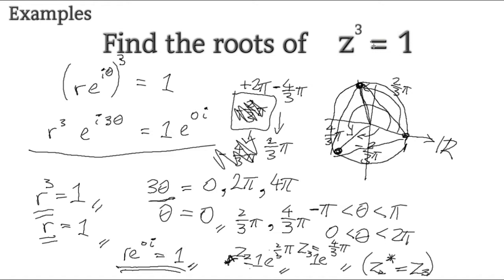This applies to any power, and therefore the more the n, the geometry would show a larger number of vertices of a regular polygon. So for z to the 3, it's a triangle. Z to the 4, it's a square. To the 5 is a pentagon.